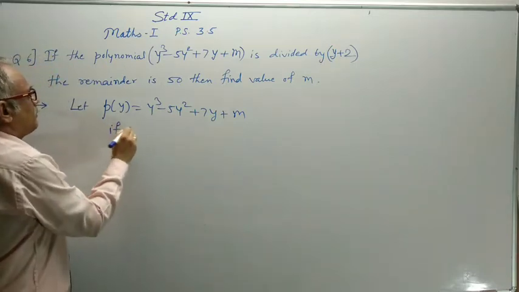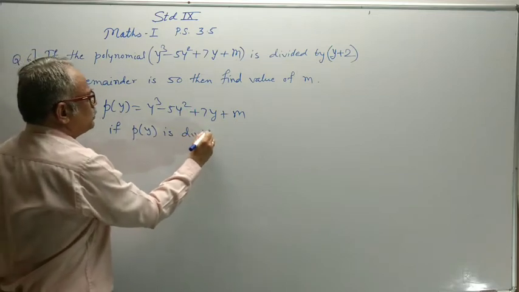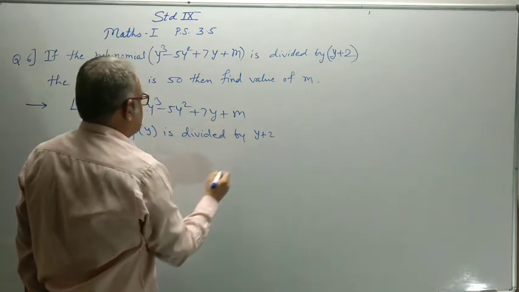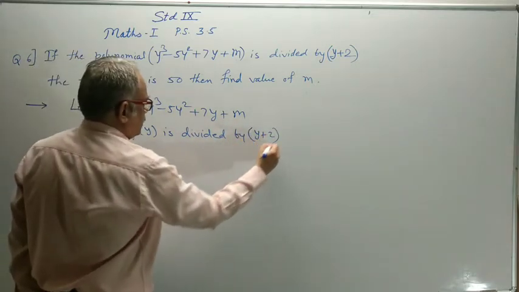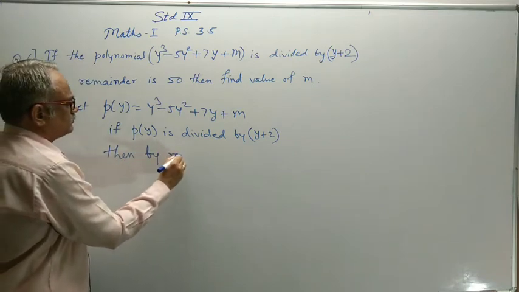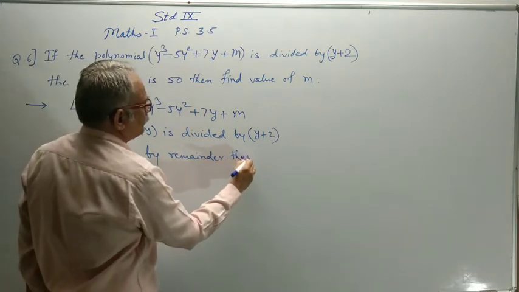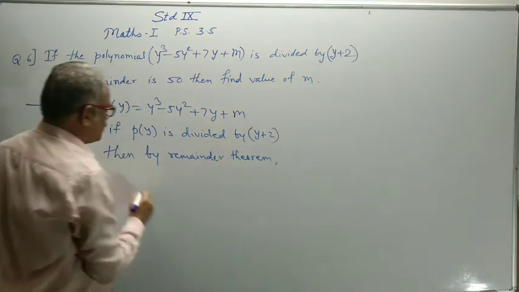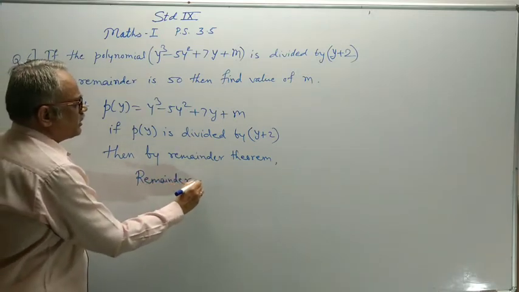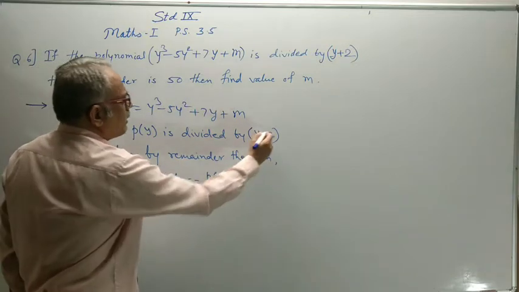If p of y is divided by y plus 2, then by the remainder theorem, the remainder is p of minus 2.